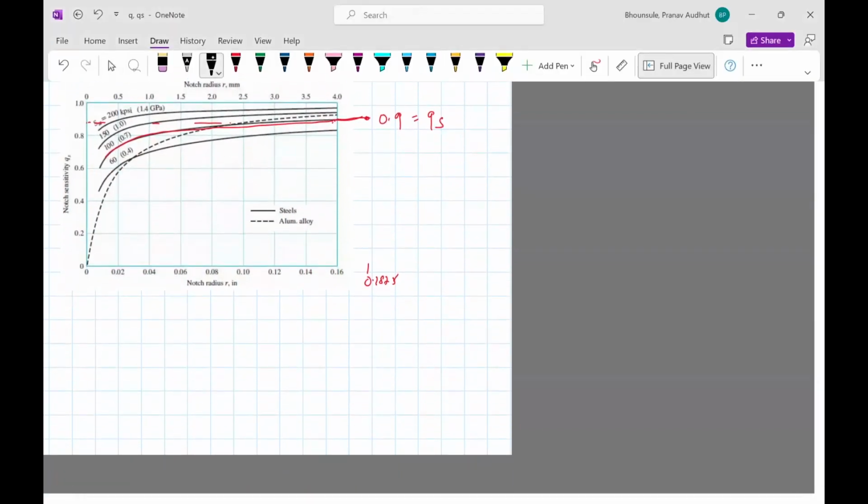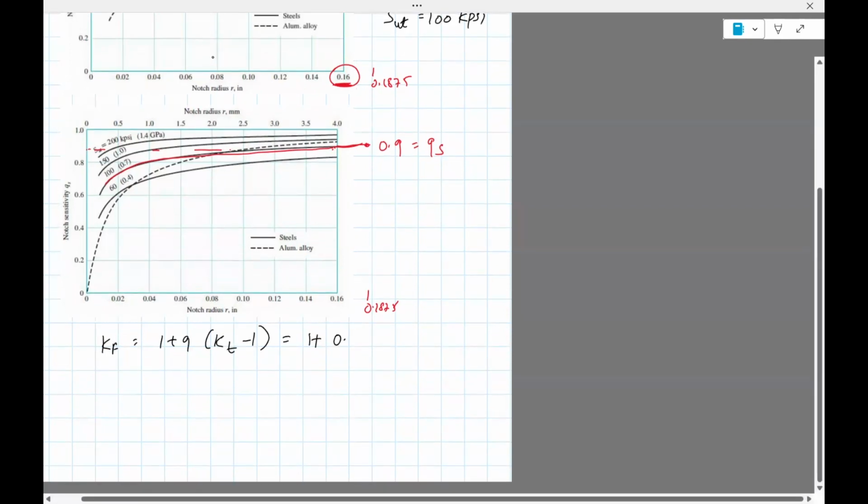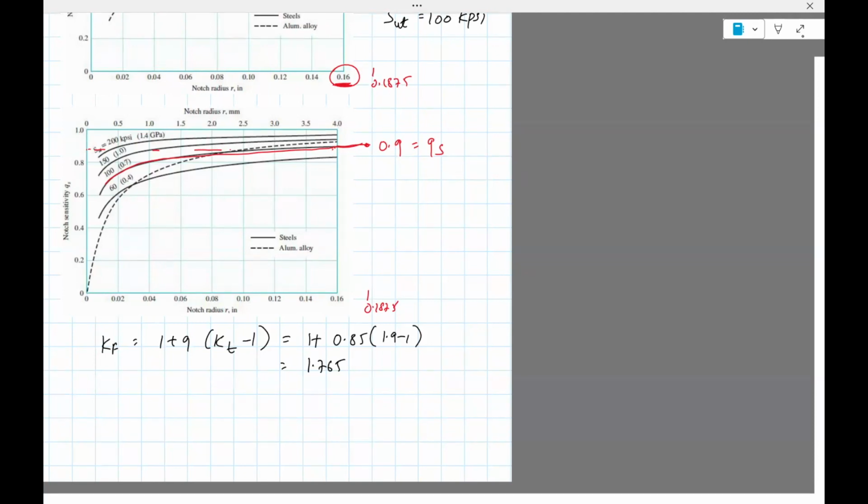Okay, with that we can compute Kf. It's 1 plus Q times Kt minus 1. Q is 0.85, and Kt was computed in the last page. It was 1.9 minus 1. So that comes out to be 1.765.